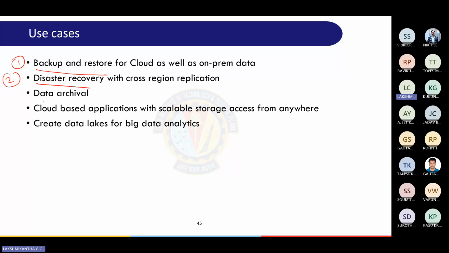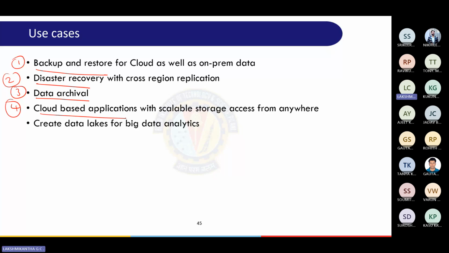The third one is data archival. For regulatory compliance, data that must be kept for 7, 10, or 20 years is moved to the lowest cost archival tiers of S3. The fourth one is cloud-based applications.